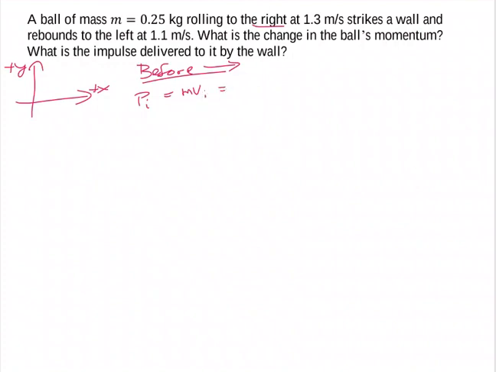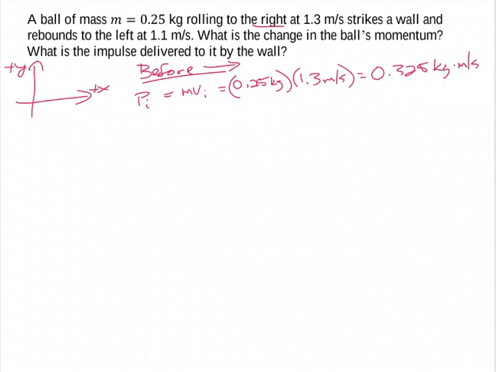So the mass we know is 0.25 kilograms, and the velocity initial was 1.3 meters per second. Okay, very straightforward. Multiply that out, and we got 0.325 kilograms meters per second.